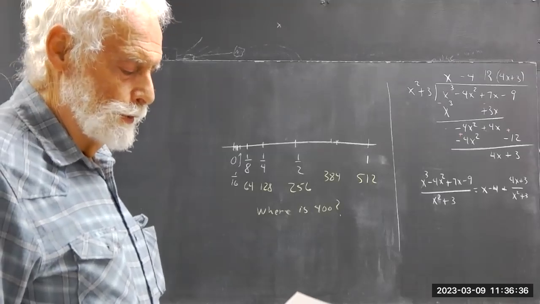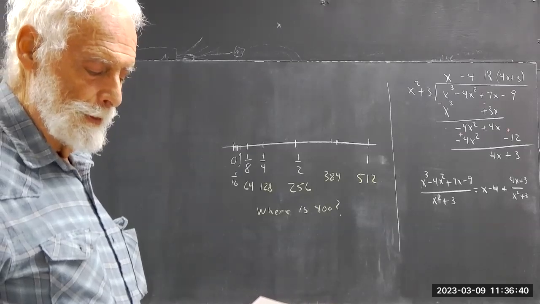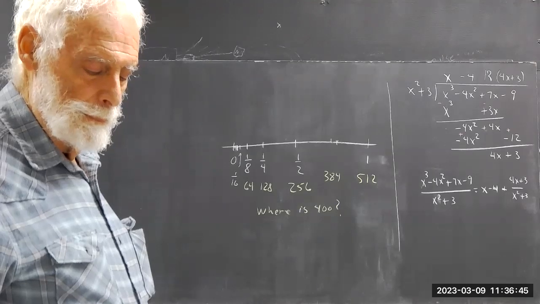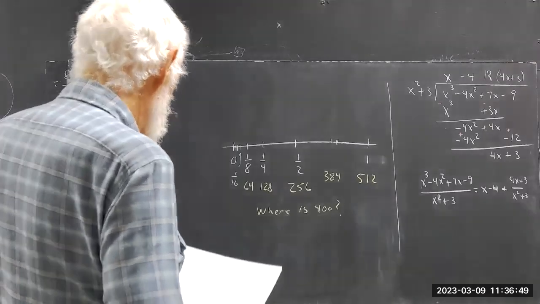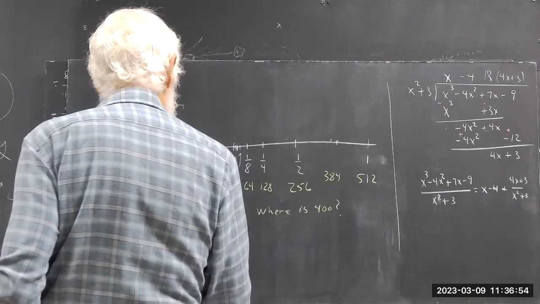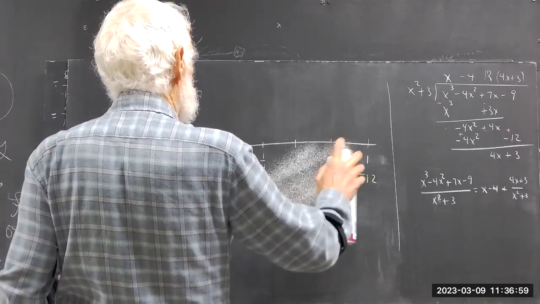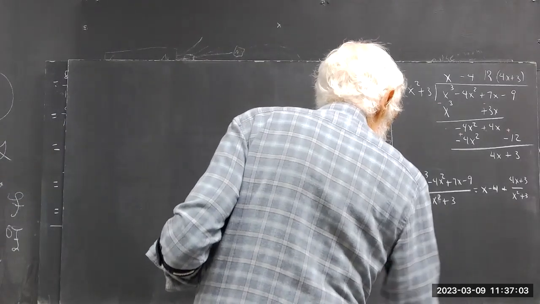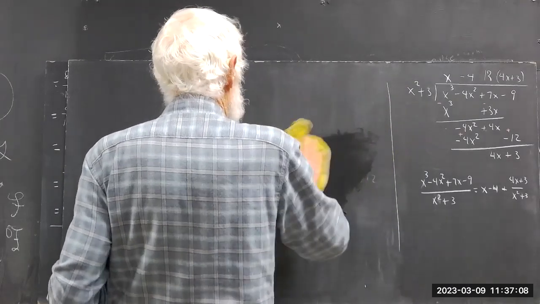There's a problem on order of operations at the very bottom of the page that asks you to scale the graph from -16 to 16.